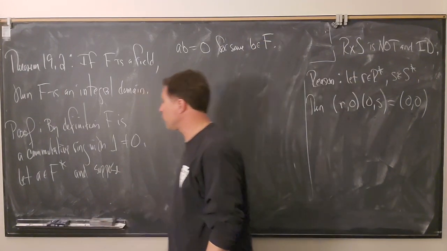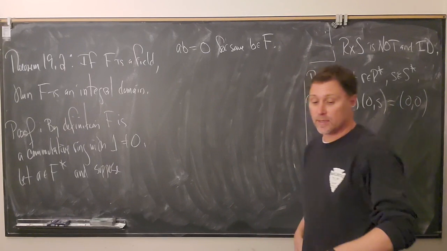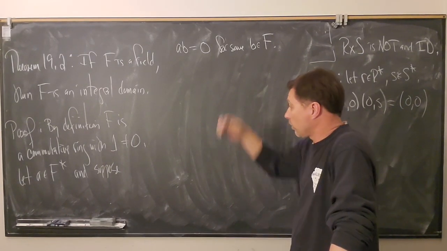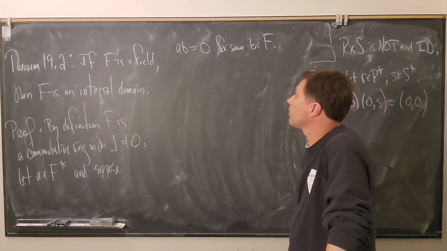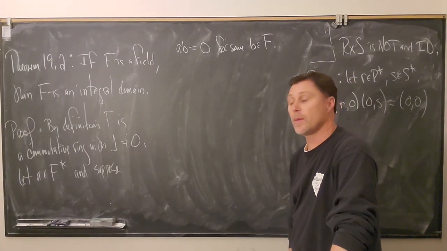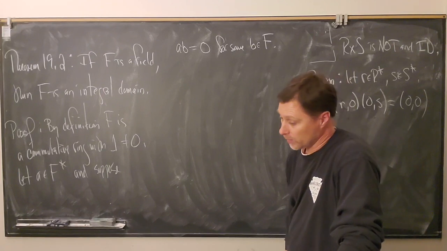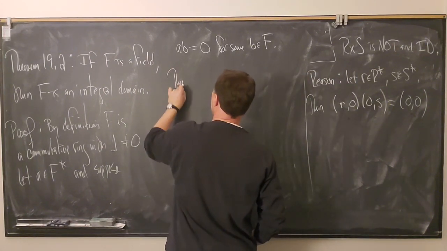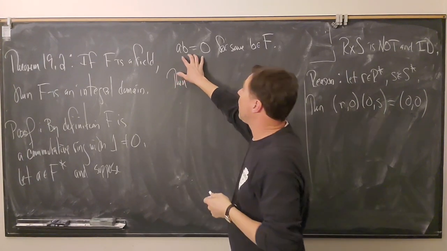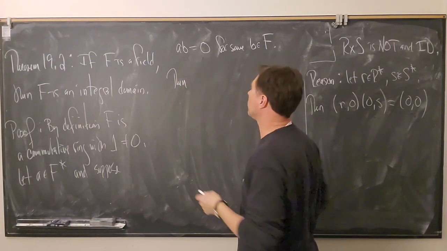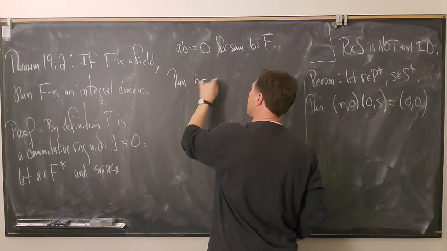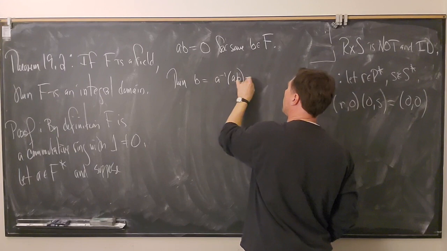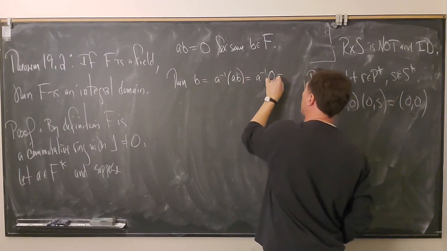Okay, so what do I want to do? I want to show that A cannot be a zero divisor, which means that I need to show that B is equal to 0. Well, remember, we're in a field, which means that every non-zero element has a multiplicative inverse. So if I multiply both sides of this equation by A inverse, we get B equals A inverse times AB, which is equal to A inverse times 0, which is equal to 0.